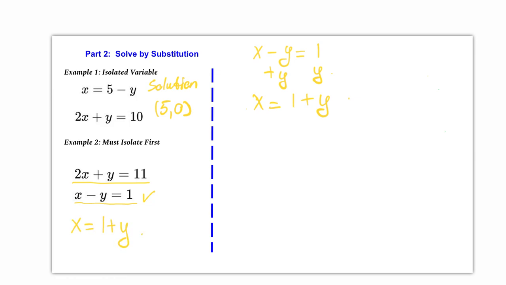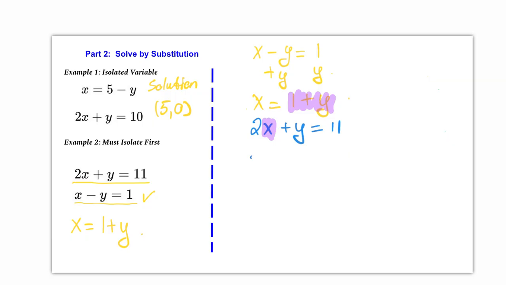Okay, so I'm going to rewrite it here as well, so you can see x equals 1 plus y. Okay, now what we're doing is we're going to rewrite the second equation. 2x plus y equals 11. And we already have the x solved, so we're going to substitute x, which is 1 plus y, right in here again.